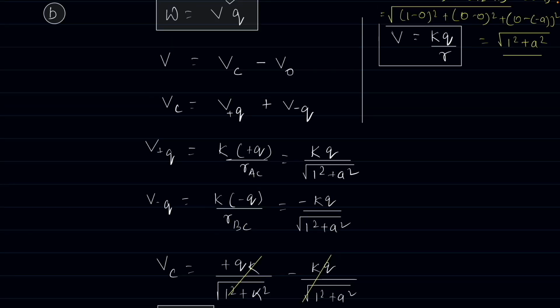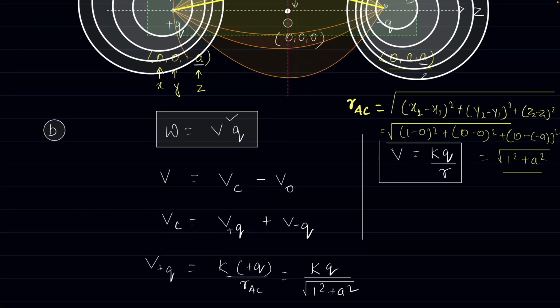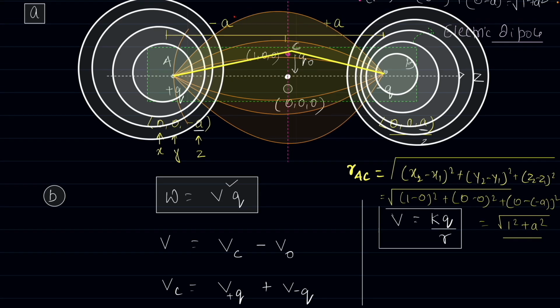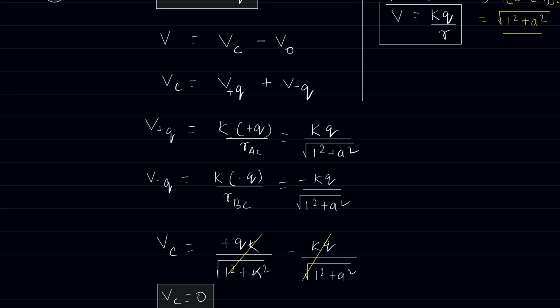Similarly, we have to find the potential at O, meaning when the charge reaches point O. What is the distance of AO? It's equal to minus A, and this is plus A. So we can say Vo is equal to the potential due to the positive charge at distance AO minus the potential due to the negative charge at distance OB.